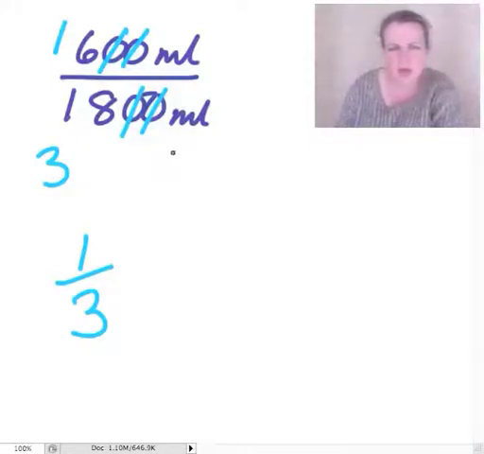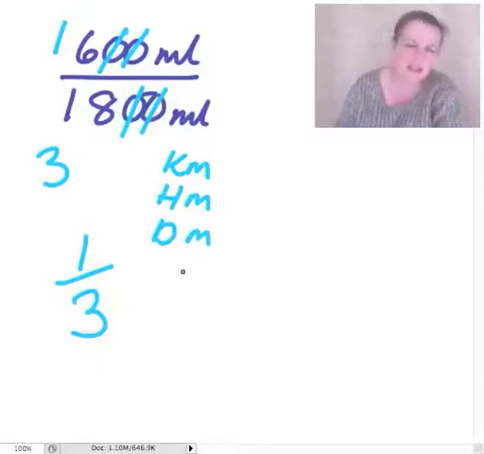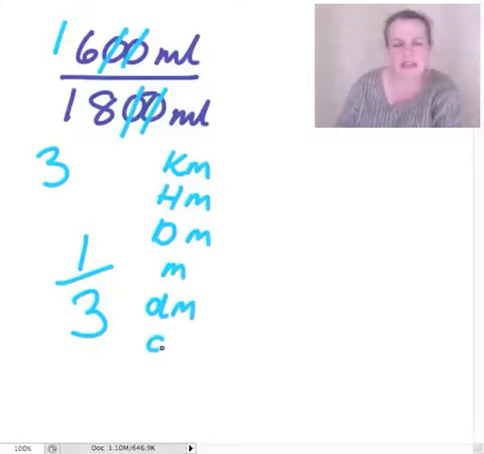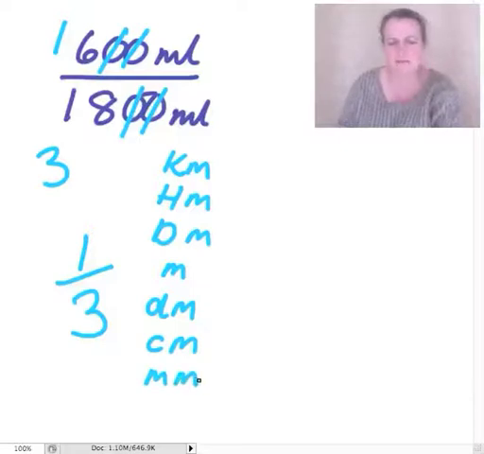We've got 1 kilometre equals 10 hectometres, equals 10 decametres, equals 10 metres, equals 10 decimetres, equals 10 centimetres, equals 10 millimetres.